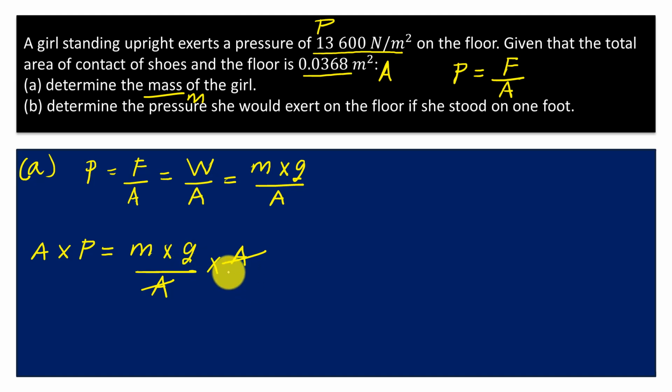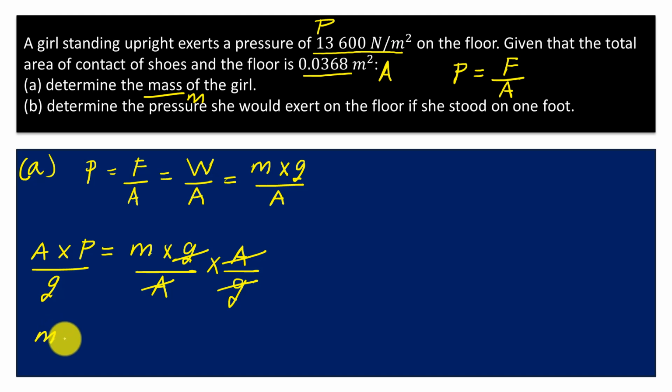So I must divide this expression by g in order to get rid of it. And again, what I do to the right hand side, I do to the left hand side. I divided by g, so I must divide by g over here. And again, you can see g and g cancel out, and I'm left with m.